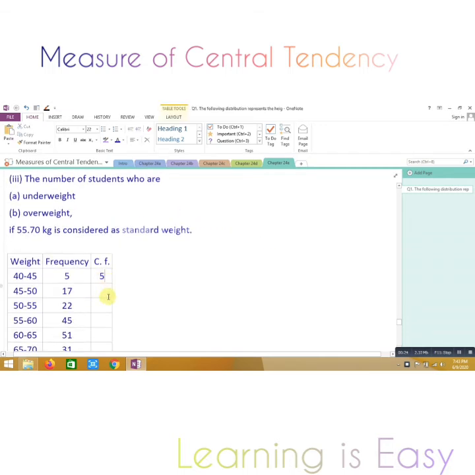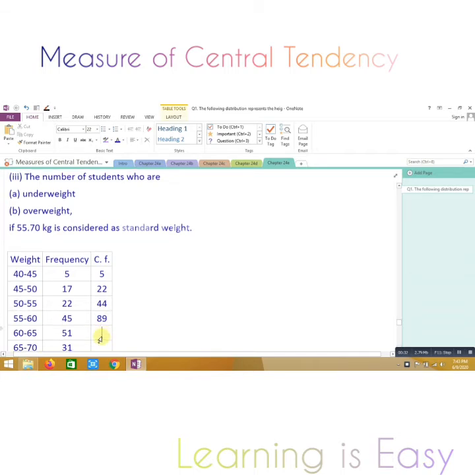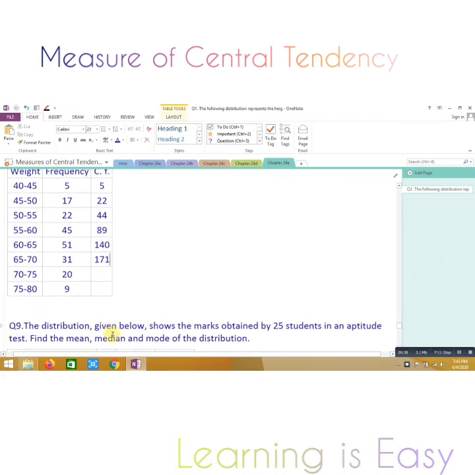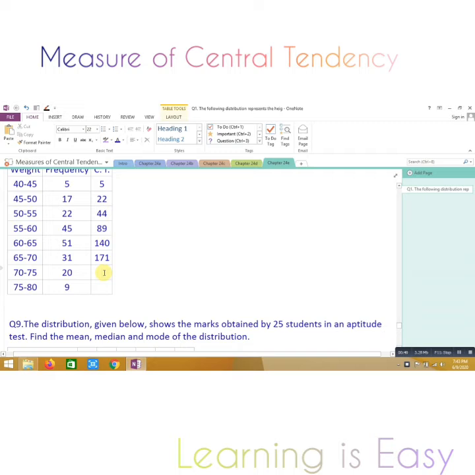So 5 plus 17 makes 22. 22 plus 22 is 44. 44 plus 45 is 89. 89 plus 51 is 140. 140 plus 31 is 171. 171 plus 20 makes 191. And then 200. So total 200 number of students.